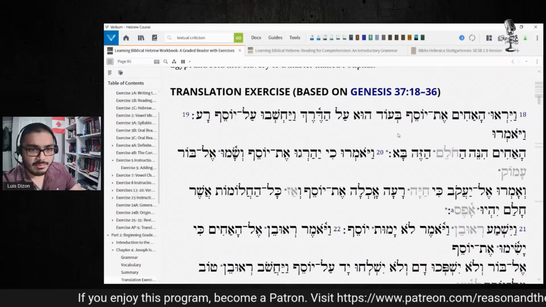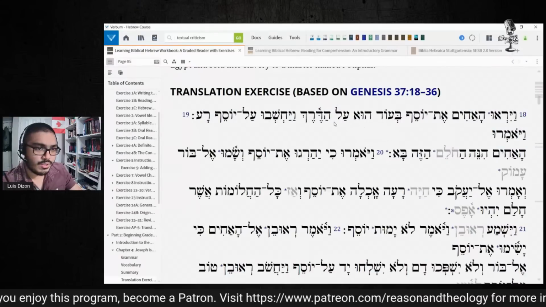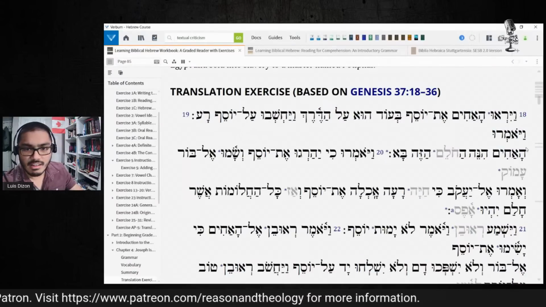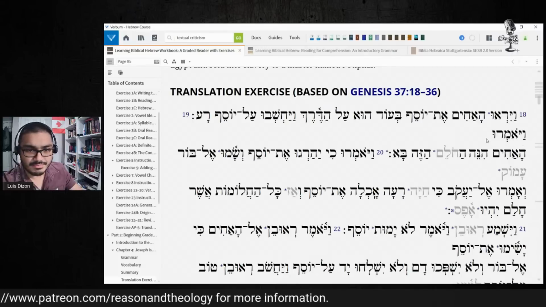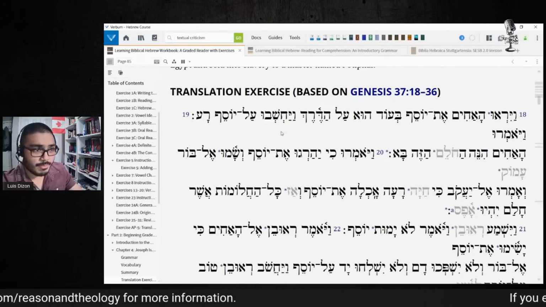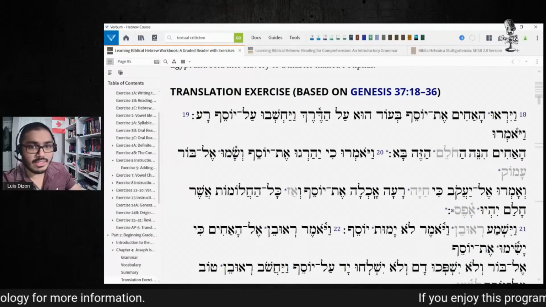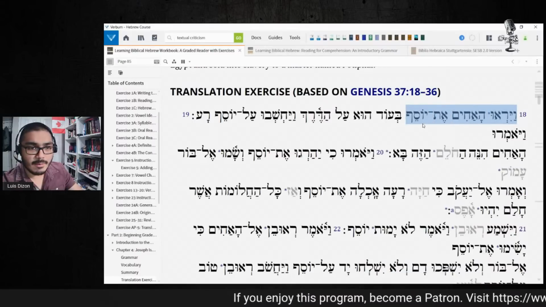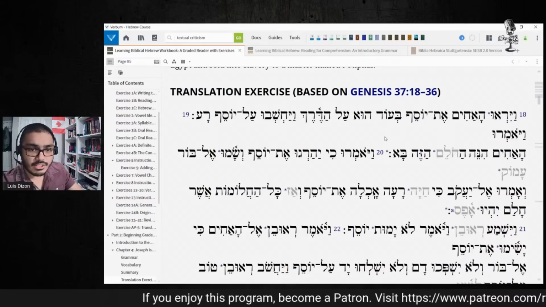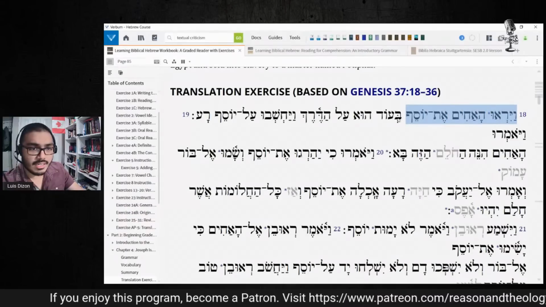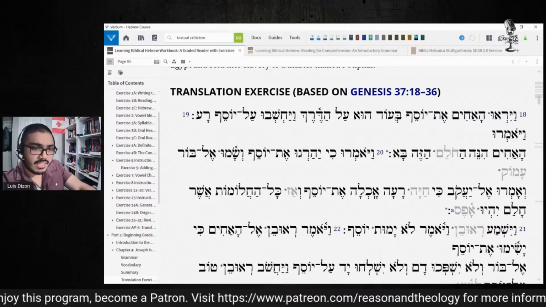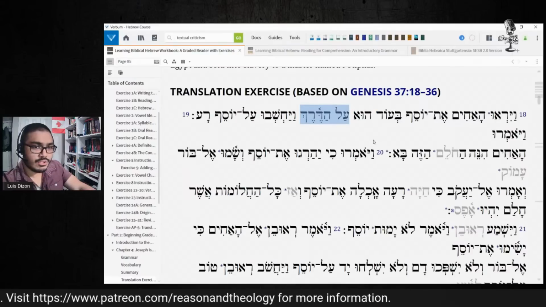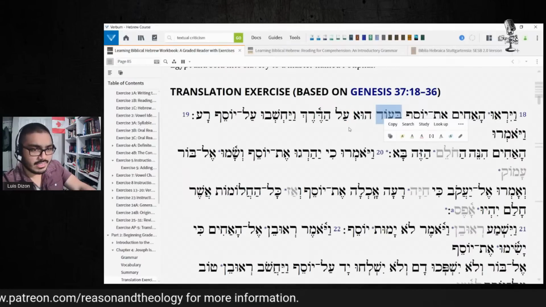Vayir'u ha'achim et Yosef ba'od hu al haderech, vayachshavu al Yosef ra, vayomru. And the brothers saw Joseph, while he was still upon the way.